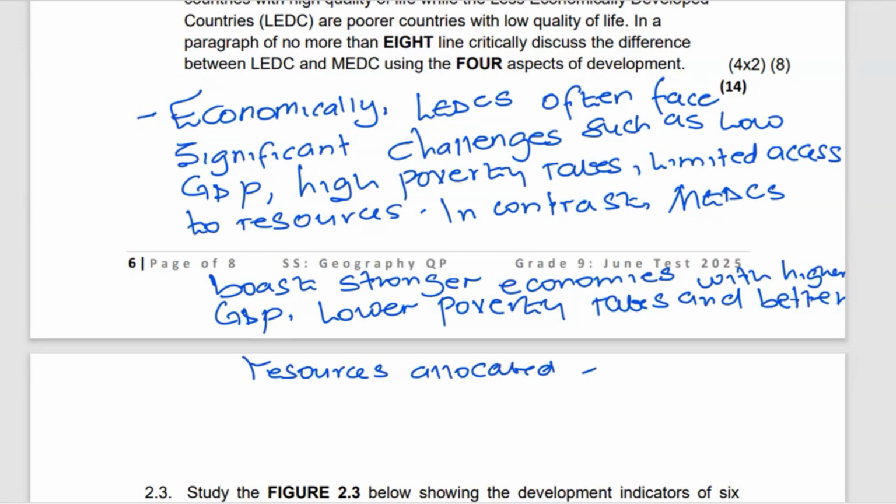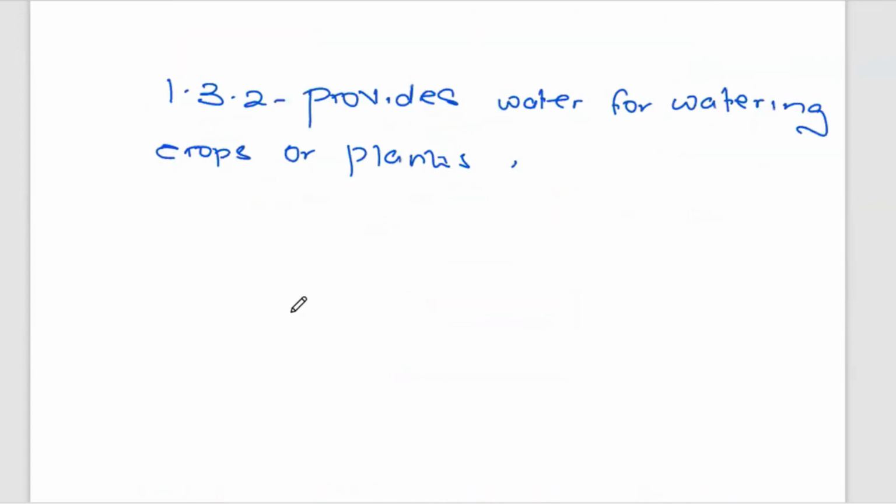Okay, that is economically, and then let's use our whiteboard.